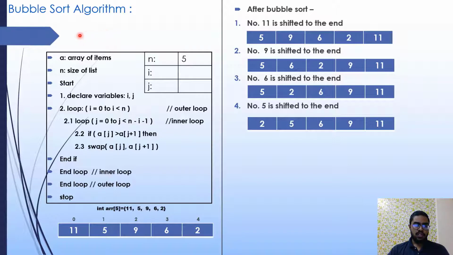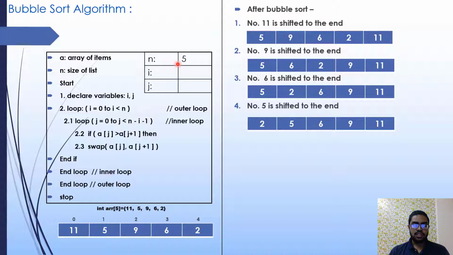So here I am going through all the statements step by step, and before that, A is the name of the array and N is the size of the array. Over here I have made a list which we are going to use to track the values for this algorithm.